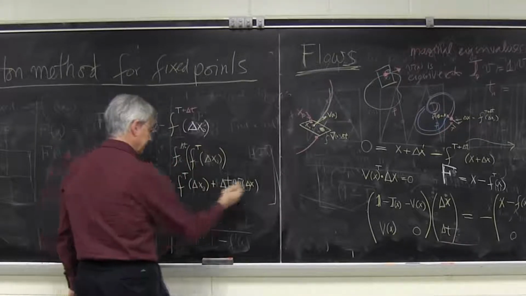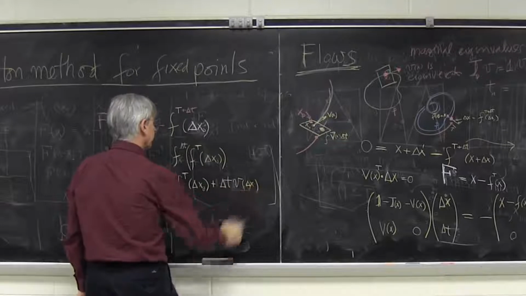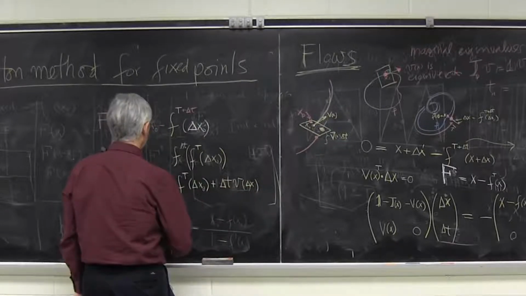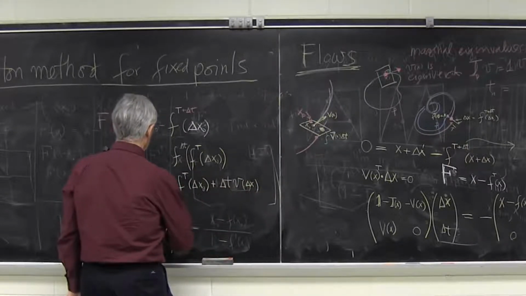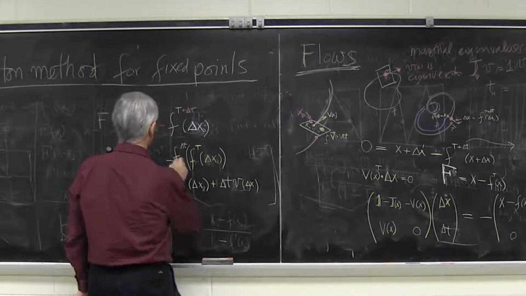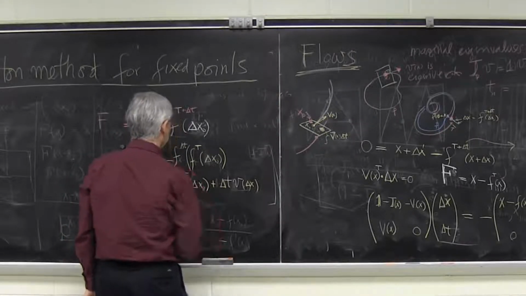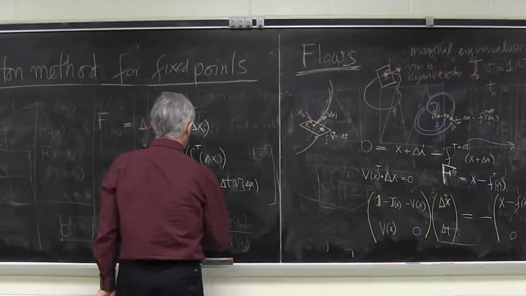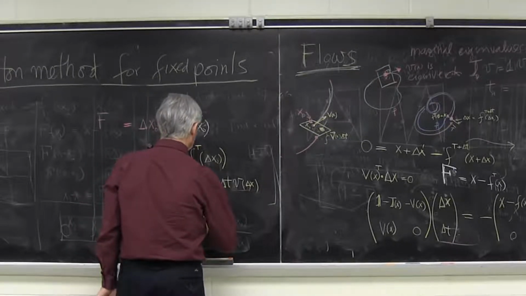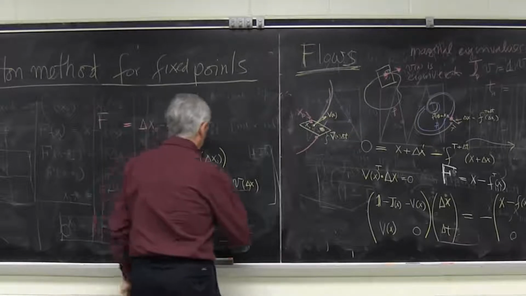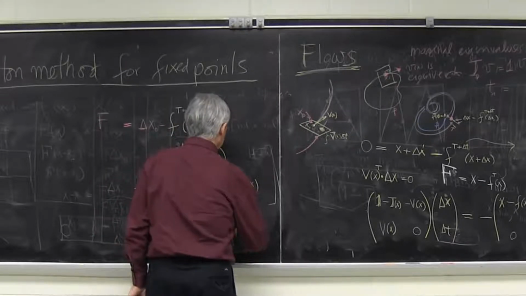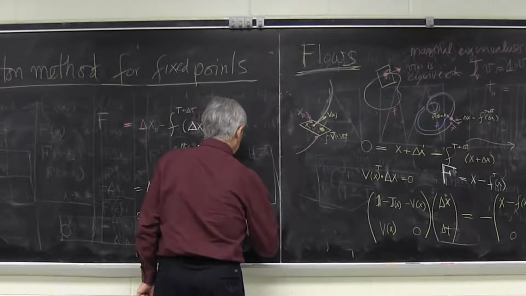So in the leading order approximation, in the size of all deltas, this is delta x0 minus f t delta x0 plus delta t v0.